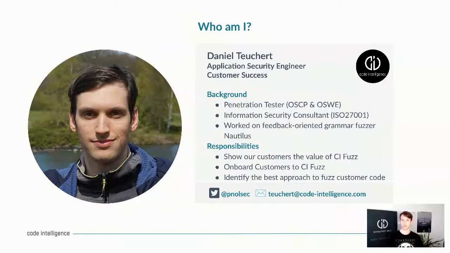My responsibilities here at Code Intelligence are to show our customers the value of CI fuzz, onboard them so that they really integrate CI fuzz in their DevOps. And this also usually includes identifying the best approach to fuzz customer code. I've worked a lot with our automotive customers, so I've gained some experience here, saw some of the common issues, and found some of the solutions to overcome them.